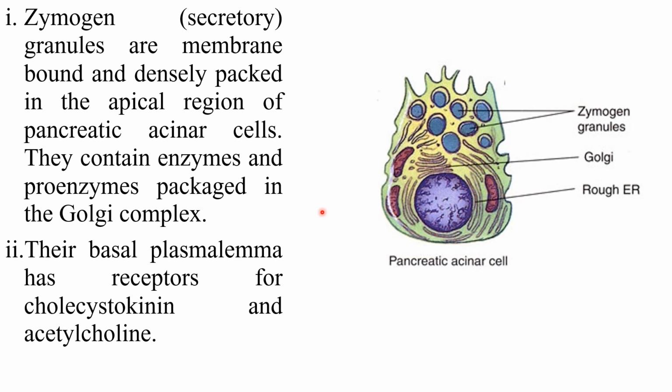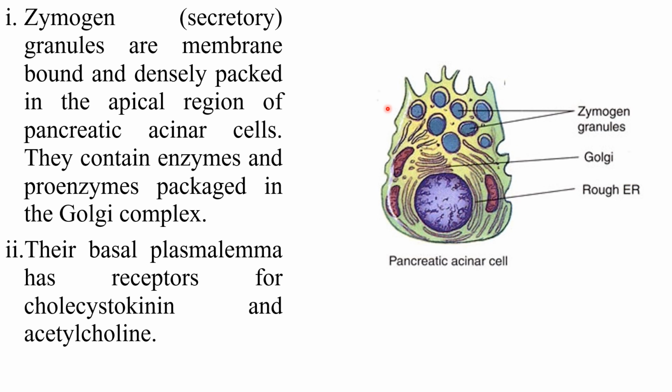There are many zymogen or secretory granules, which are membrane bound and densely packed in the apical region of the pancreatic acinar cell. You can see here the apical region, the tip of the acinar cells. There are many densely packed membrane bound zymogen granules, which contain enzymes and proenzymes packaged in the Golgi complex.